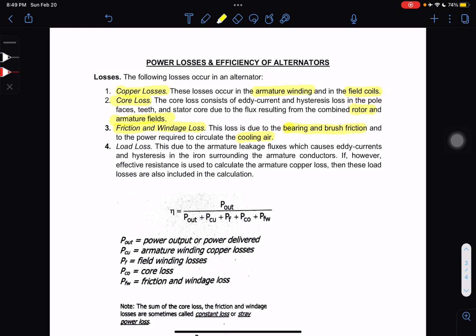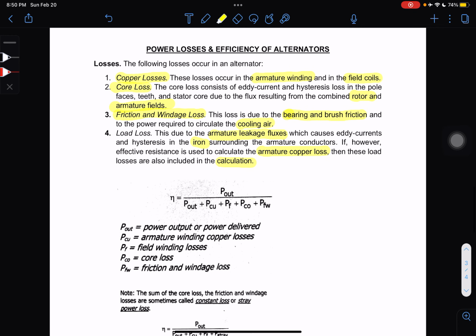Lastly, we have load loss. This is due to the armature leakage fluxes, which cause eddy current and hysteresis in the iron. If, however, effective resistance is used to calculate the armature copper loss, then these load losses are also included in the calculation.